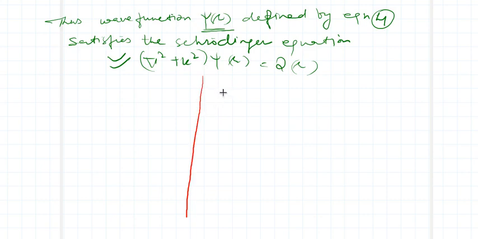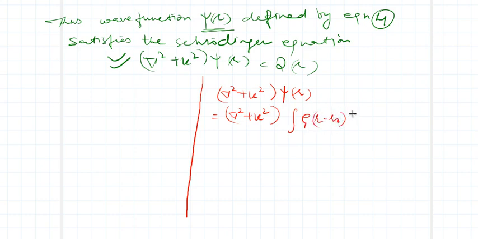Okay, so let us consider the differential equation. That means del square plus k square acting on psi(r) is equal to, let us put the value of psi(r) here from equation number 4, and it must come out to be equal to Q(r), right? So I am substituting the value of the wave function in terms of the Green function. This is an integral over r naught, and del square plus k square can be taken inside the integral.